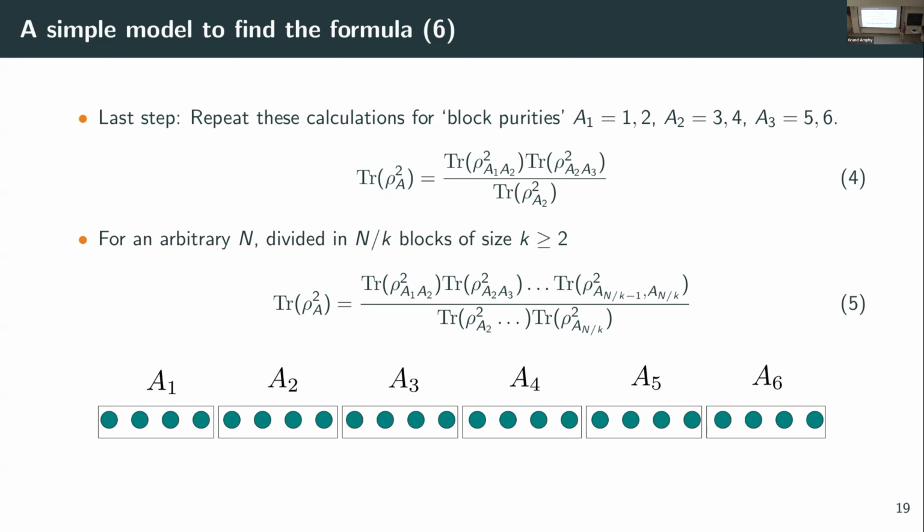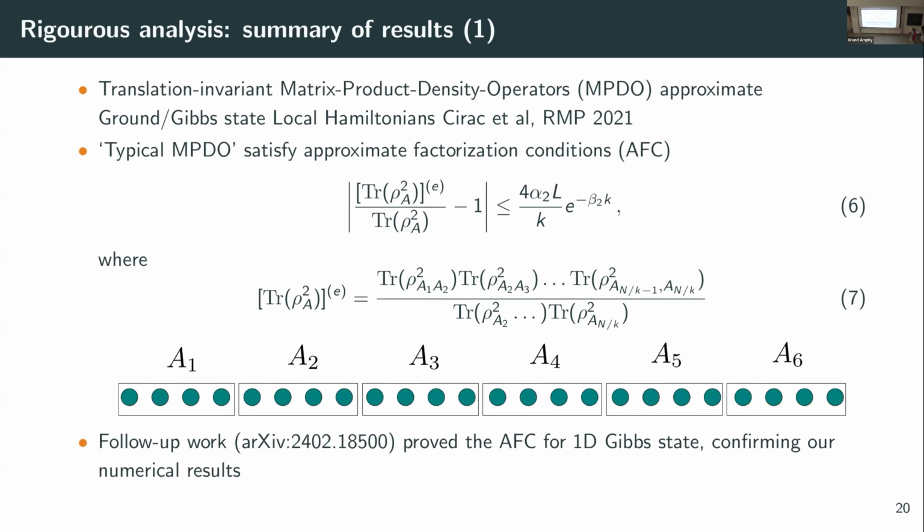Now I have to show that it's not only true for the toy model, it's true for interesting many-body states. In this case, I will skip the derivation, but what we proved is that for so-called matrix product density operators, which are tensor network models which represent thermal states, this formula is also true up to exponentially small correction. So this was the second result.